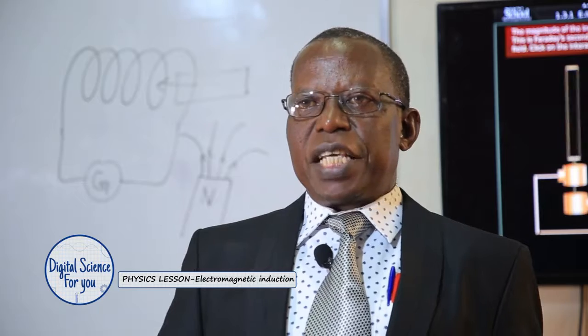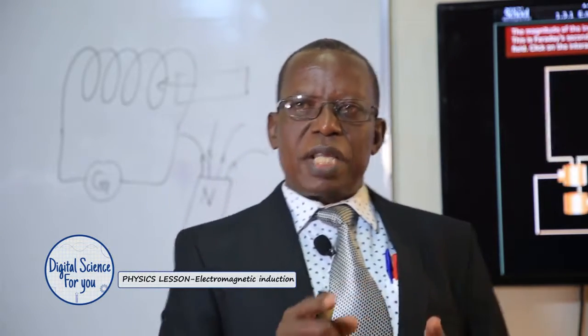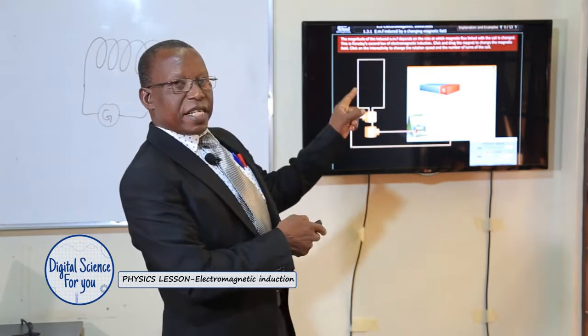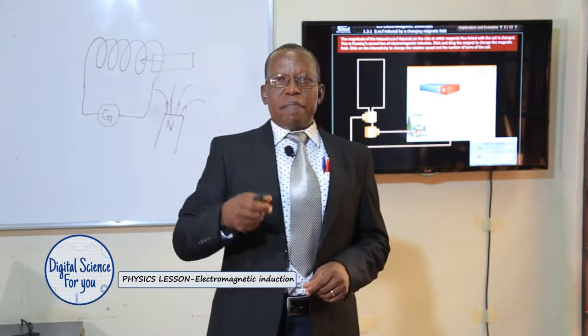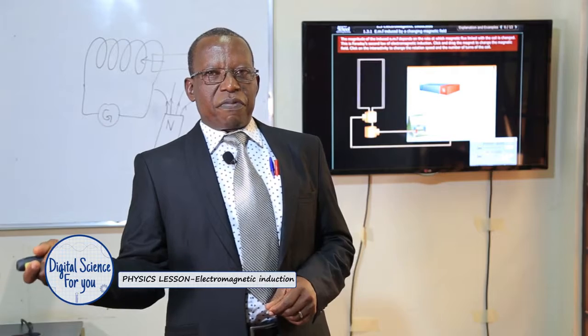Now, the first law says that whenever there is a change in the magnetic flux linked with the coil or the circuit, EMF is induced, and we saw that by looking at animation 413, where the magnet, when it was moving into the coil, induced an EMF.